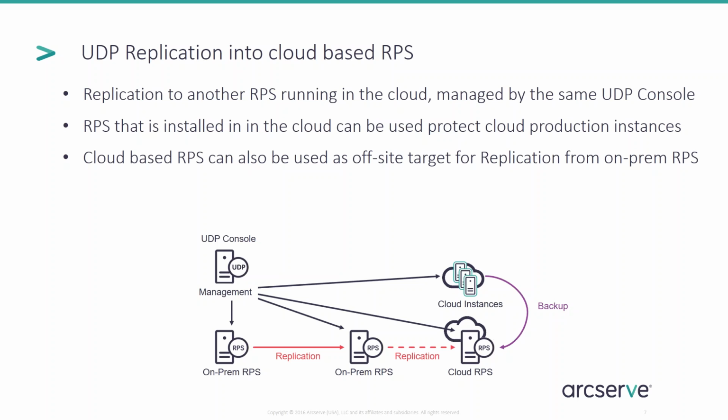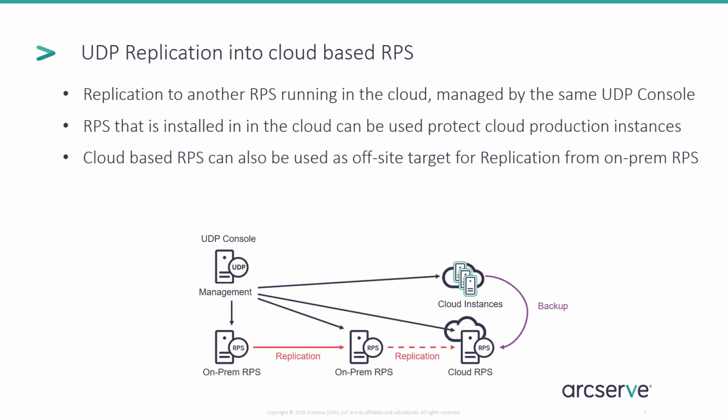So we can see here in this particular diagram, we have two on-prem recovery point servers. So one might be at our production site or primary site, along with the UDP console for management. We might have another on-prem RPS that might be at a DR site or in a different location. So we have two physical servers that we control and we manage.